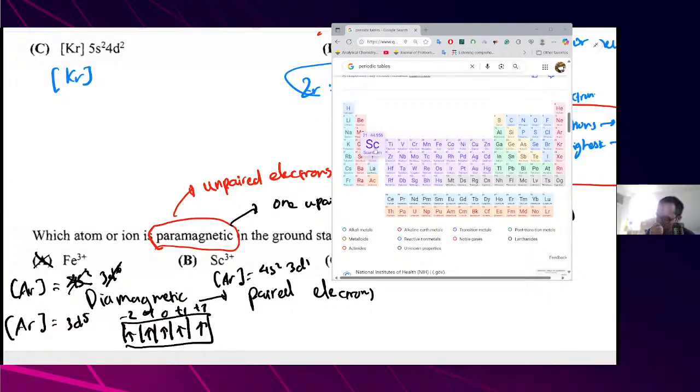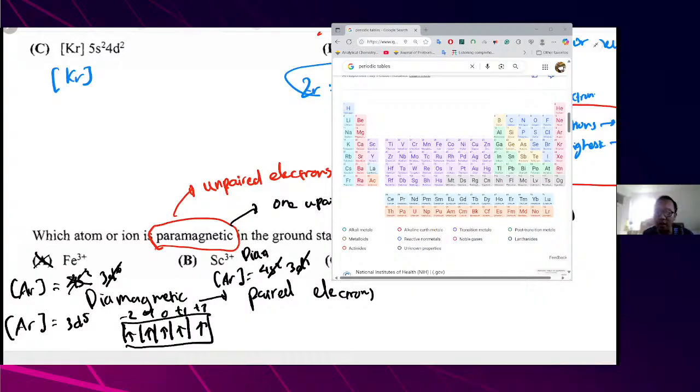But we need to remove 3, so all of those are removed, and now it should be the same as Ar, with no electron left, so no unpaired electron. So this one is diamagnetic.